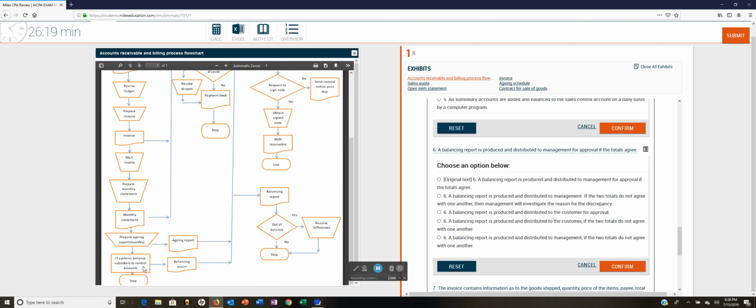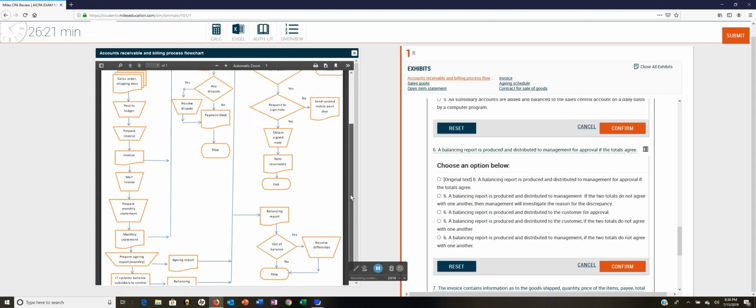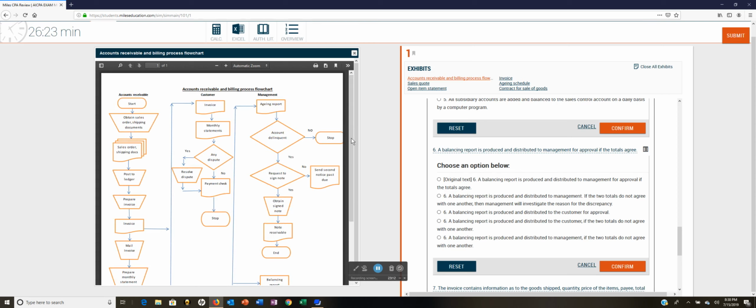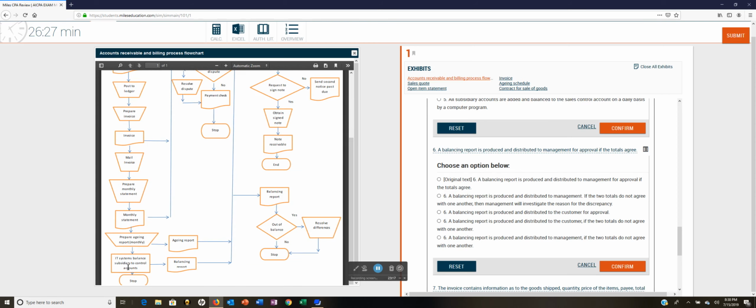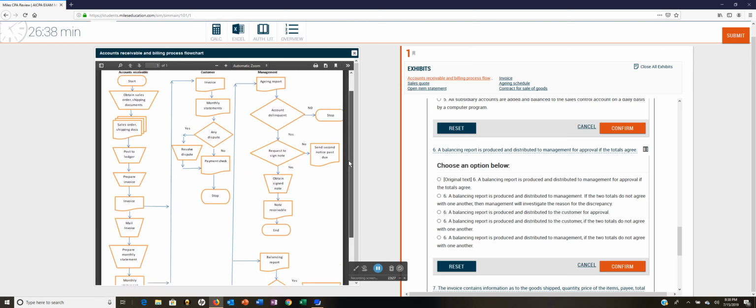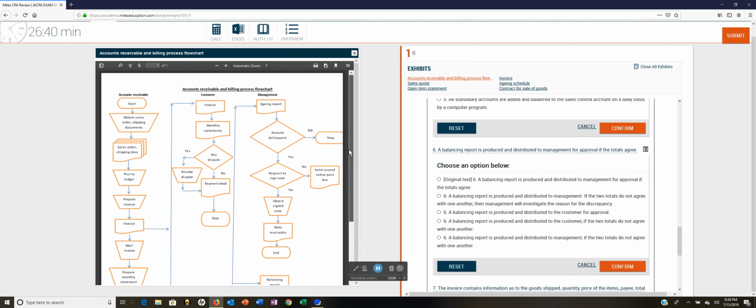AR, a balancing report, is created through accounts receivable, right? And we follow the line here. The line there is the aging report.